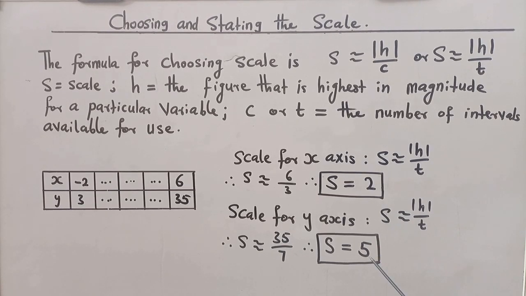Please, when a scale is chosen for a particular axis using one sub-axis, it applies to the entire axis. For instance, if I got the scale as 2 for the x-axis, though I used the positive x-axis, it applies to both the negative and positive axis of x.